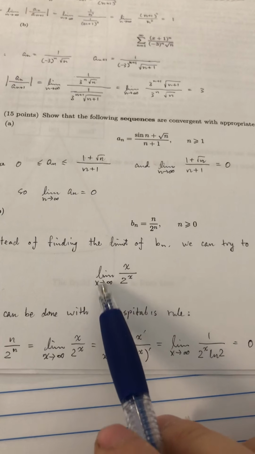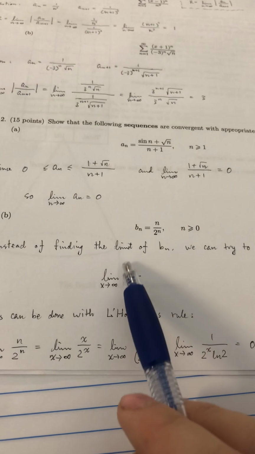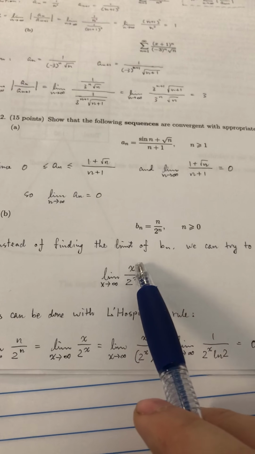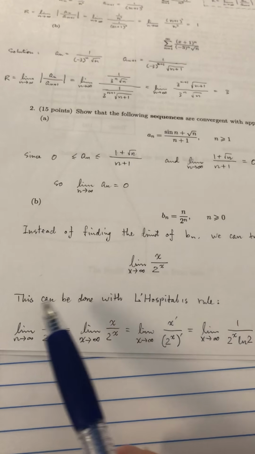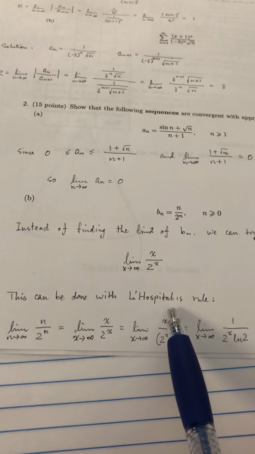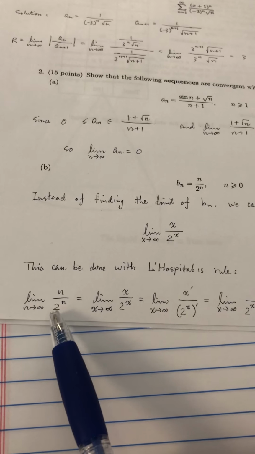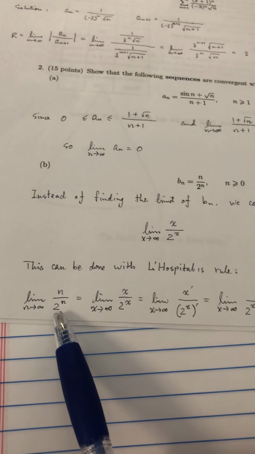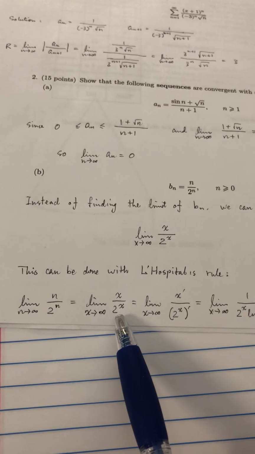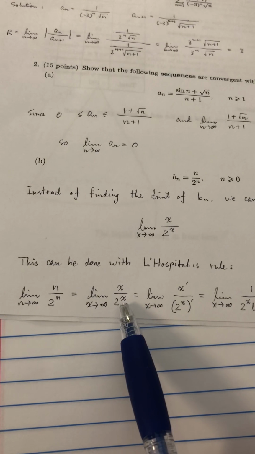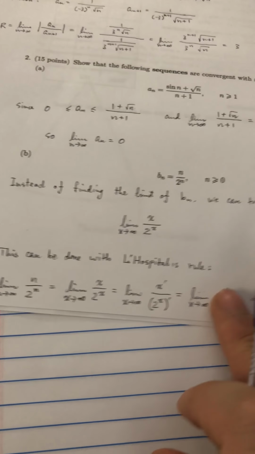And now we're trying to take a limit. To find the limit of the quotient when both the numerator and denominator are going to infinity, we can use L'Hopital's rule. So the limit of n over 2 to the n is the same as the limit of x divided by 2 to the x when x is approaching infinity.